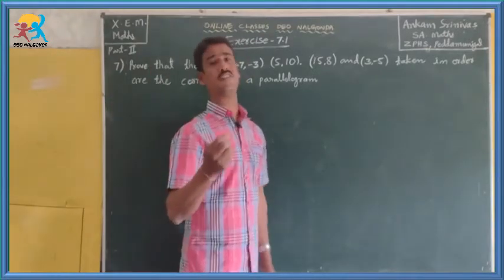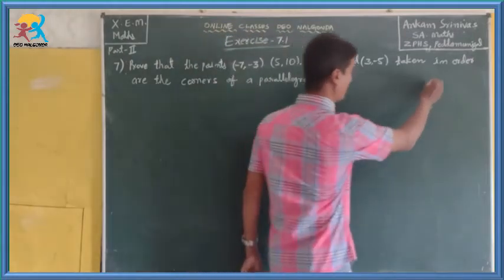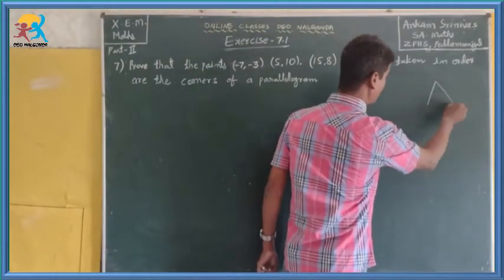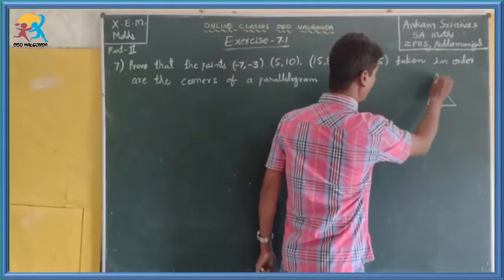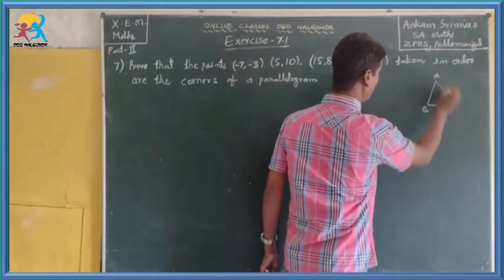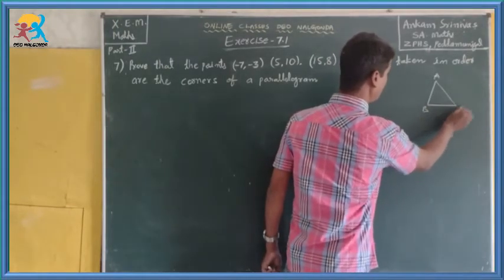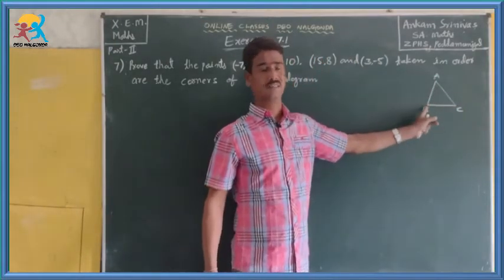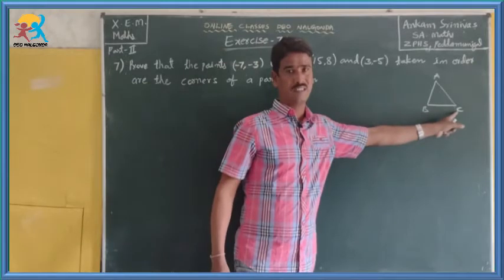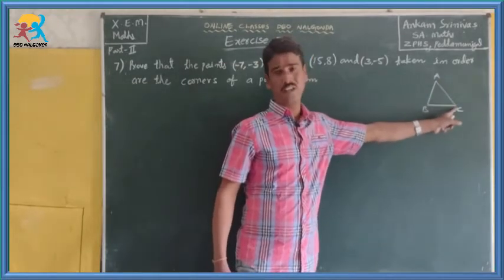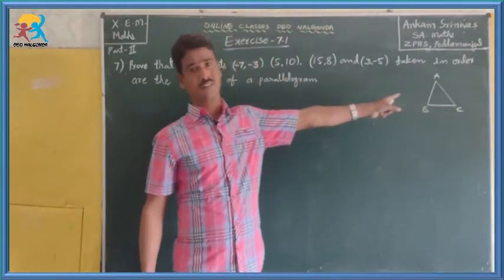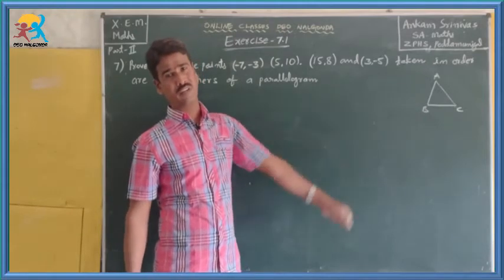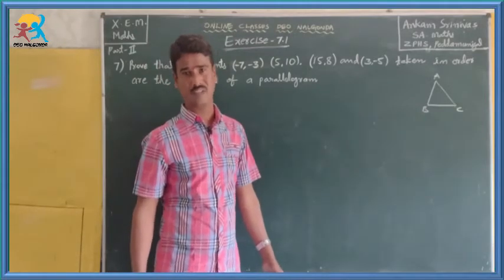Suppose we are given the three vertices of a triangle, then find the distance between AB, BC and CA. Find the length of AB, length of BC, length of AC using the formula square root of x2 minus x1 whole square plus y2 minus y1 whole square.